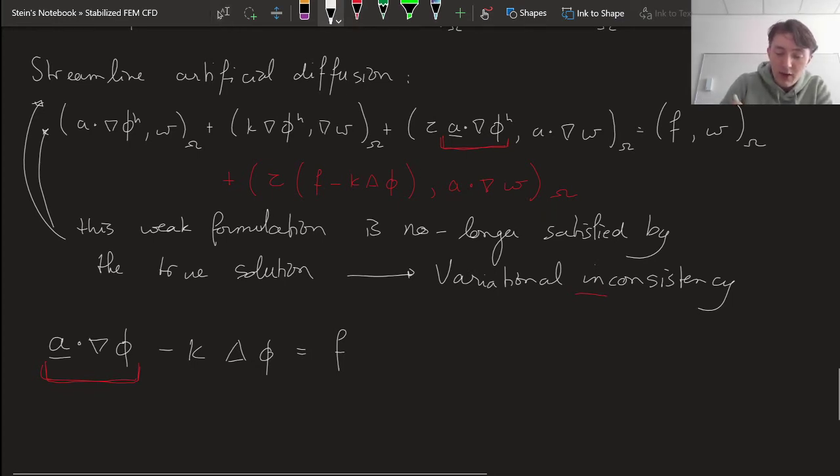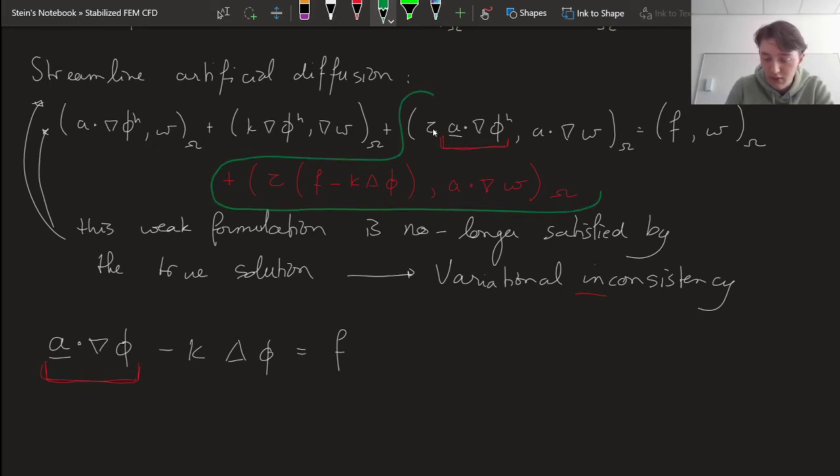Well, if we now rewrite both of these terms, then we can see that they are actually of the following form. I think I want to have a minus here.